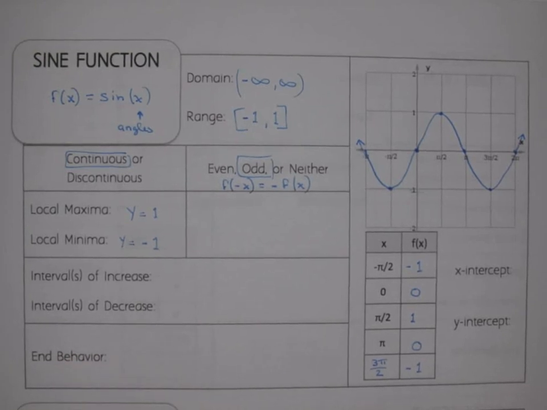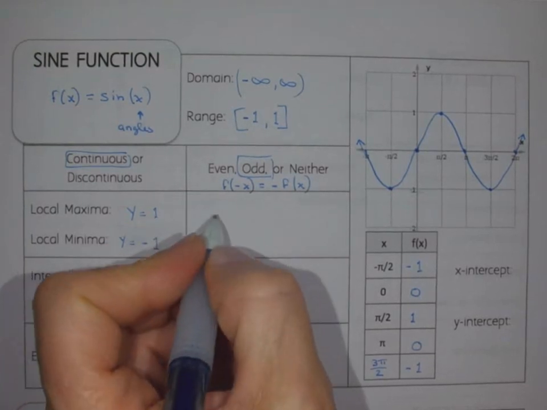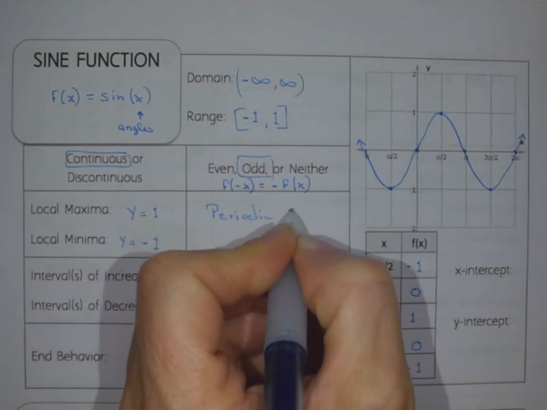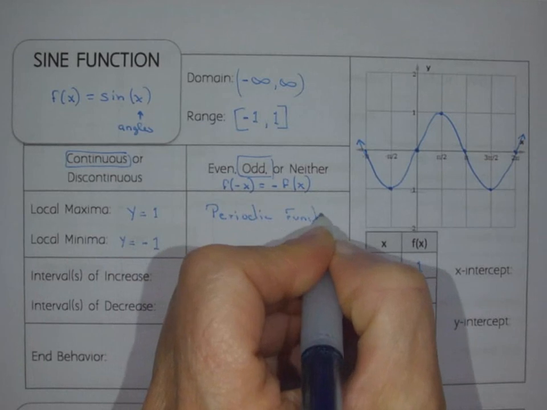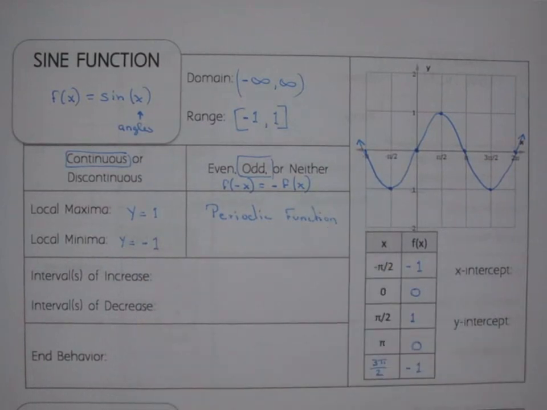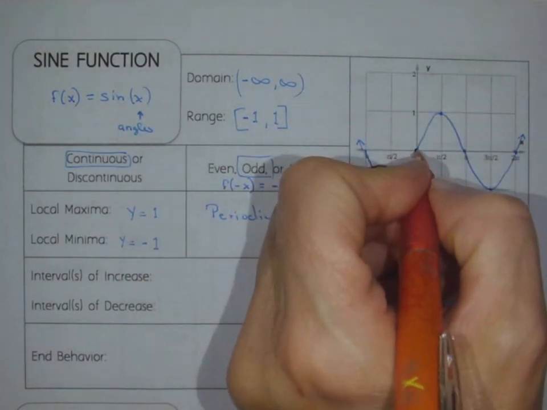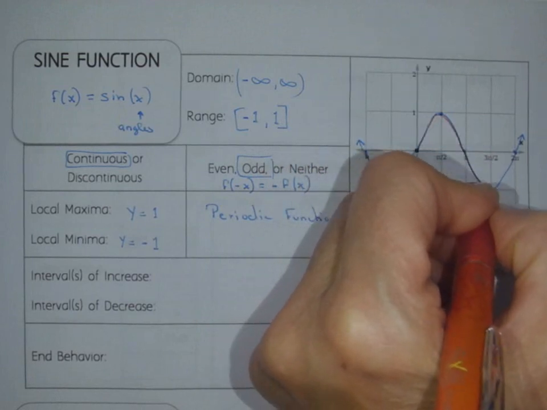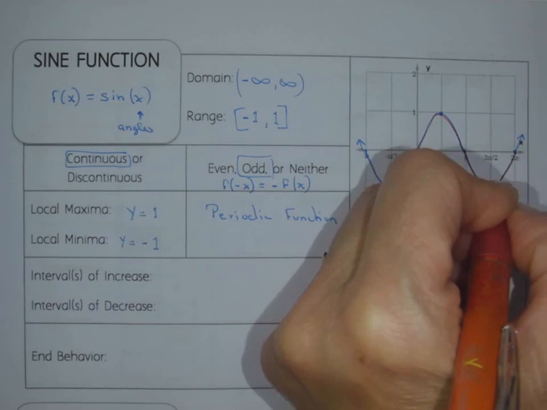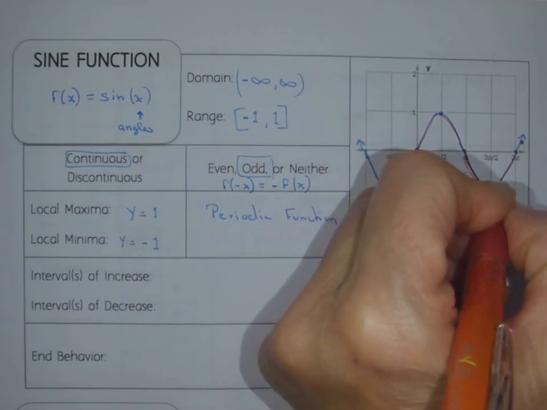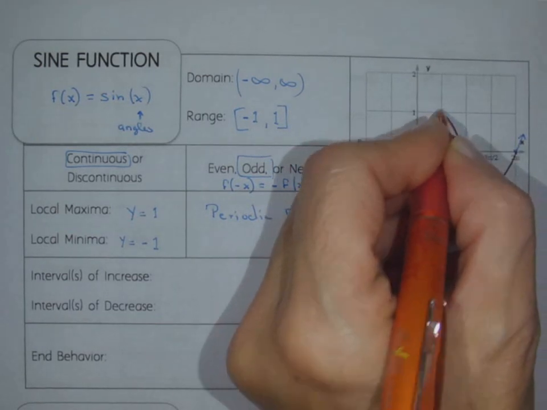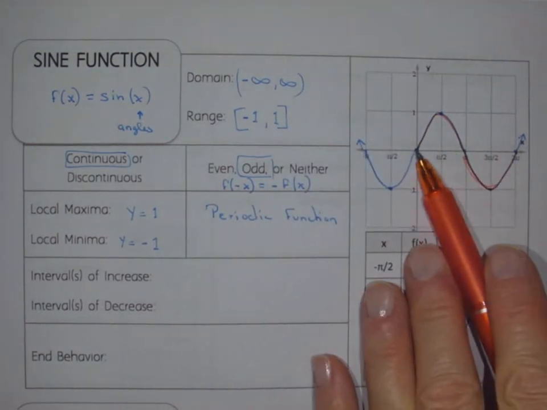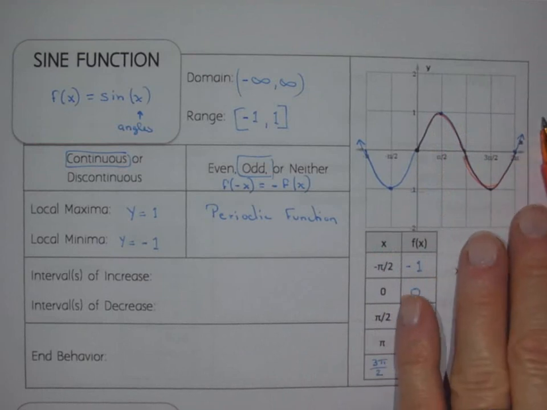I want to add here that this is a periodic function, meaning this has a pattern that repeats. And if you look, if I go here, after that, my pattern will repeat, right? Because I'm back at that point, so I'm going to go up first, down, and then again repeat and repeat, right?